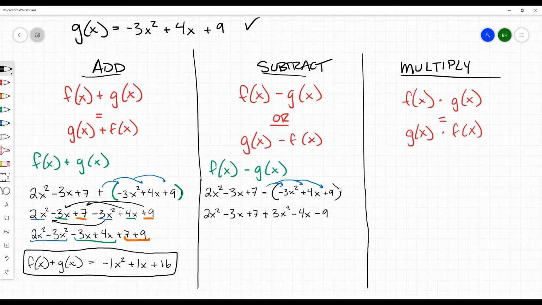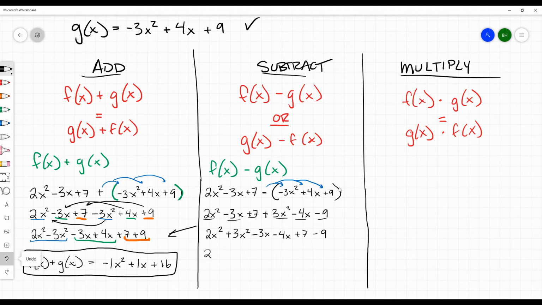Doing the same steps as we did over here before, we'll start combining like terms. So we get 2x squared plus 3x squared, minus 3x minus 4x. So I'm just doing the minus 4x's. I got all those. Plus 7 minus 9. So then I can simplify.